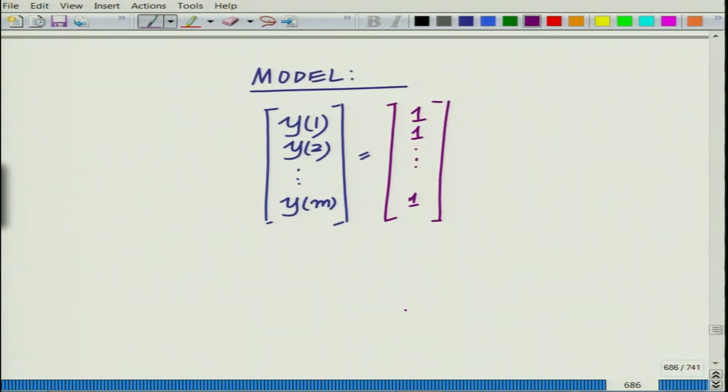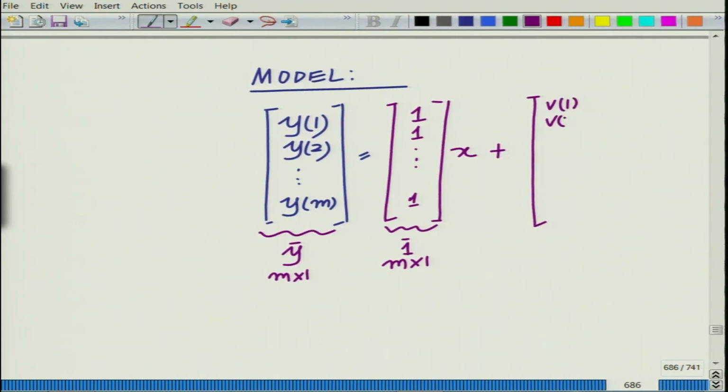So, this is your y bar, which is an m cross 1 vector. This is a vector A bar, which is m cross 1. In fact, this is the vector 1 bar, a vector of 1s, times x, plus the noise V1, V2, up to Vm.